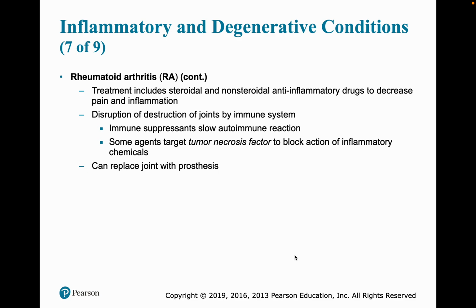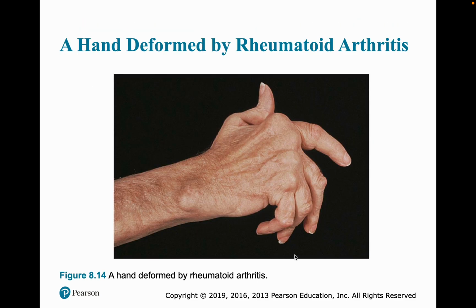Immune suppressants and tumor necrosis factor blockers can help. And the treatments for rheumatoid arthritis are much improved even over the last 20 years. We don't see hands that are deformed in this way anymore like we used to. That's good news.